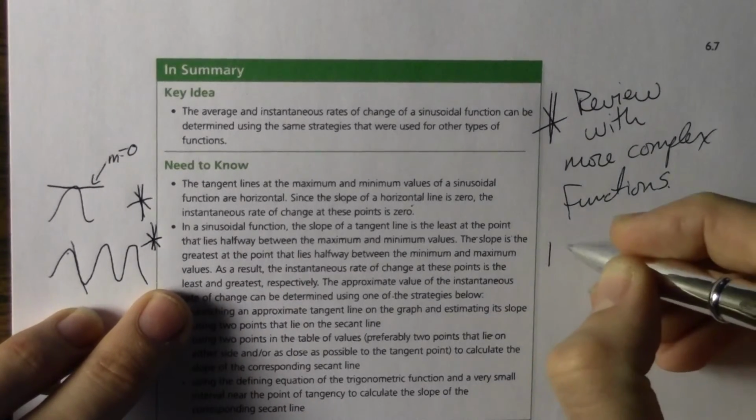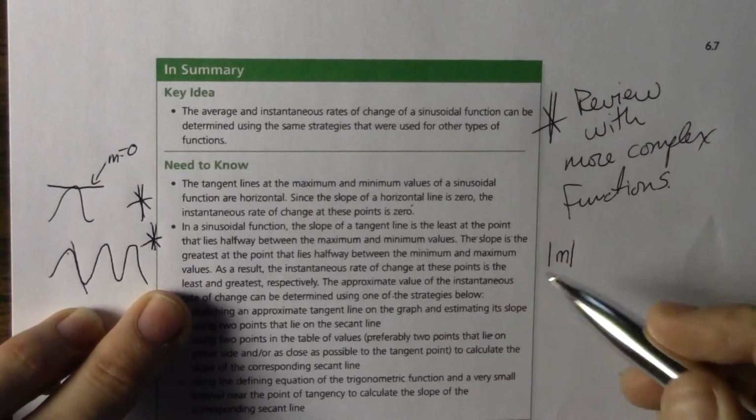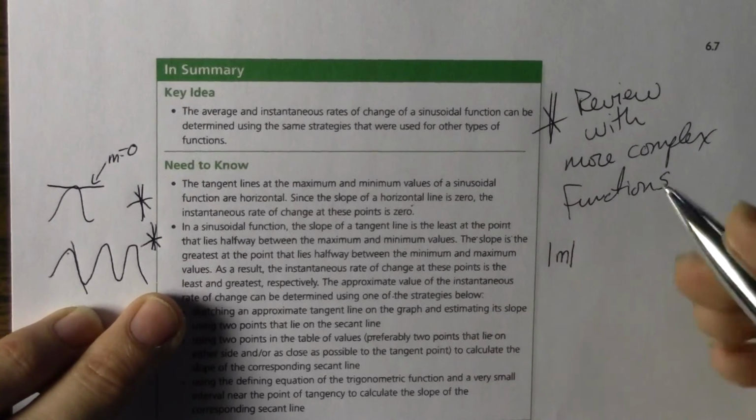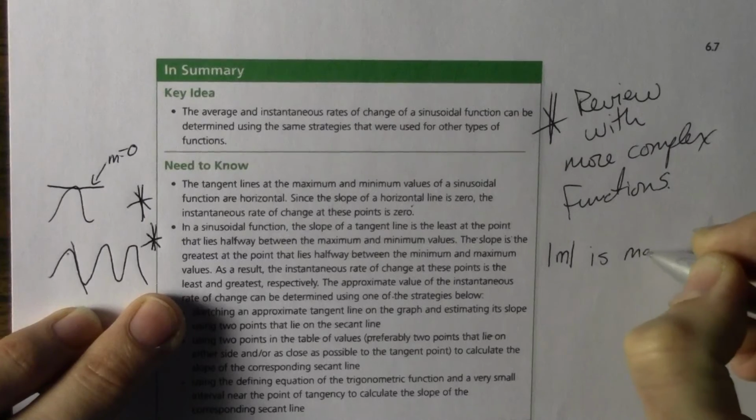I would just say this. The absolute value of the slope is maximum.